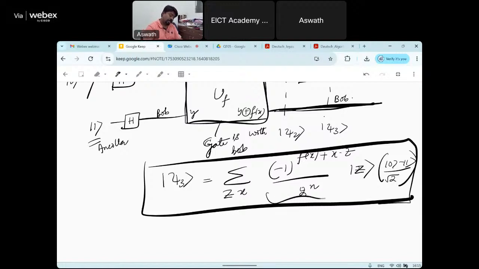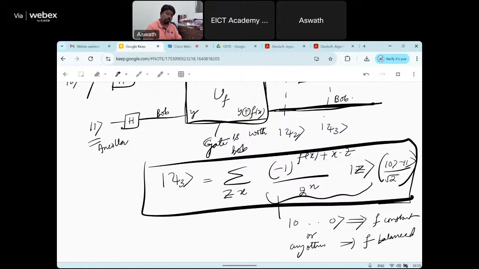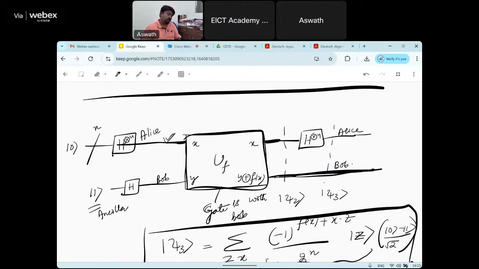She will assess this entire part and, if she gets zeros, concludes f is constant, or any other outcome implies f is balanced. So this is what you would have.